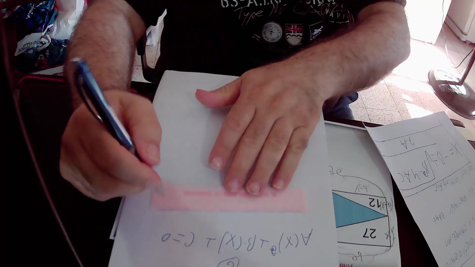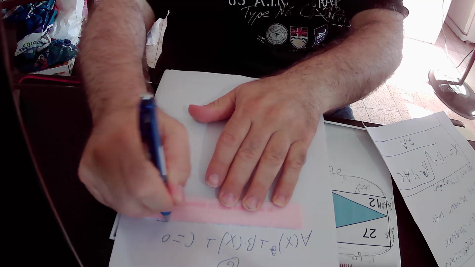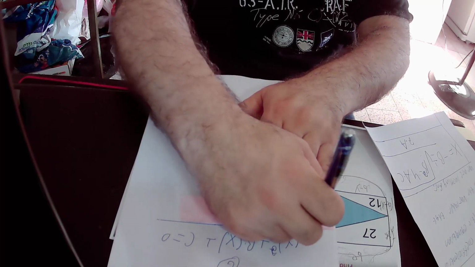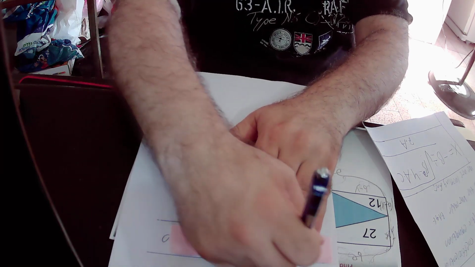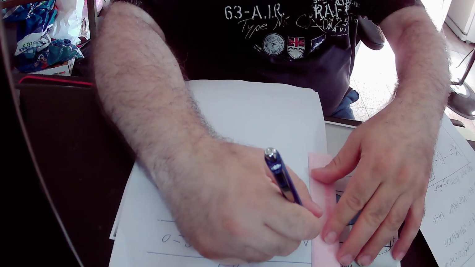Okay, a times x squared plus b times x plus c equals 0.